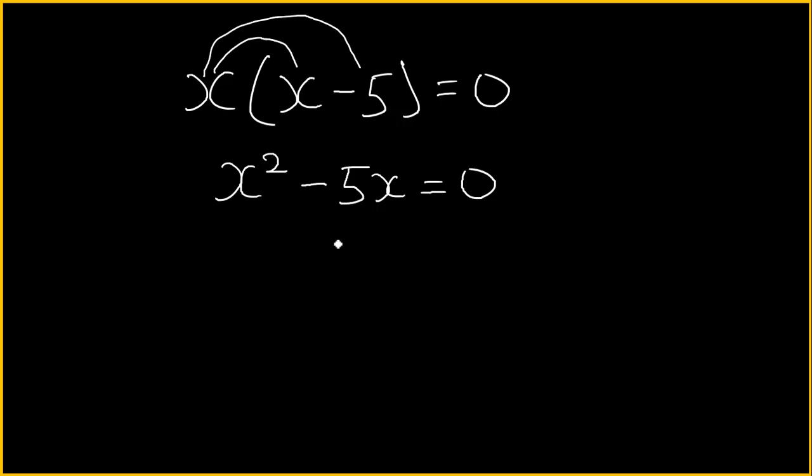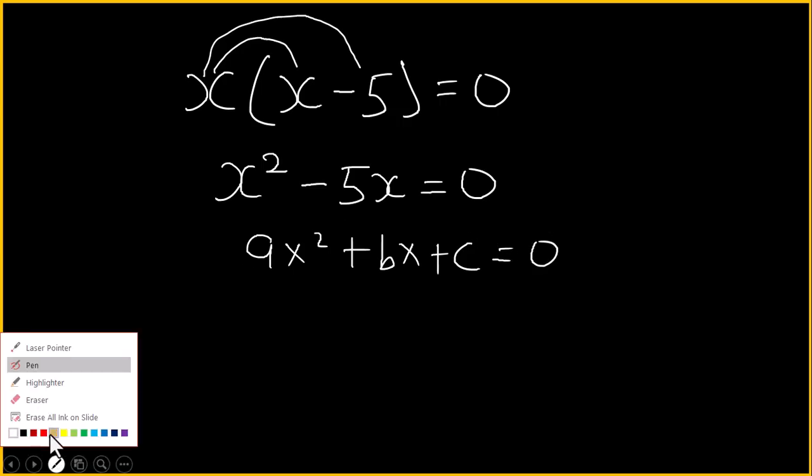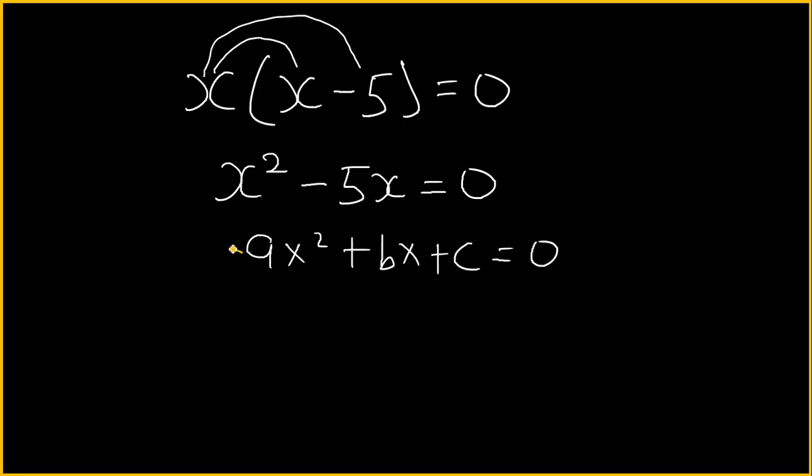Comparing this equation to the general equation, ax squared plus bx plus c equals 0, our a is the coefficient of x squared, that is 1. So our a is equal to 1.